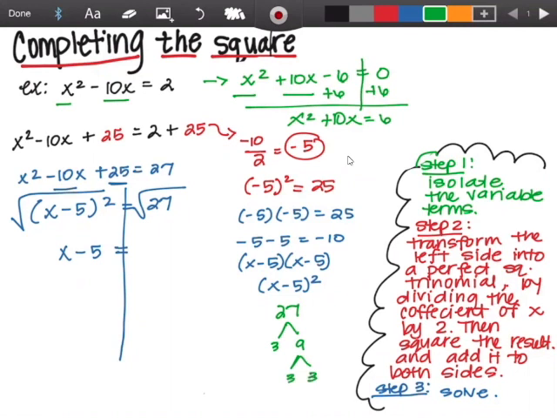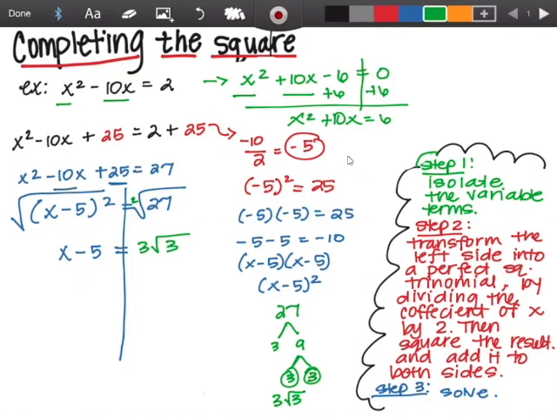Remember, the square root indicates two of something, it's a pair. So the pair comes out, because in actuality, this would give us 3 times the square root of 3. So now the square root of 27 is 3 times the square root of 3.